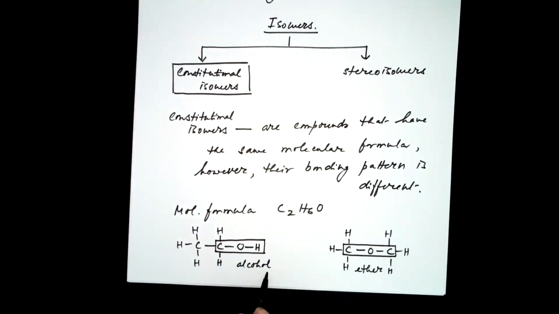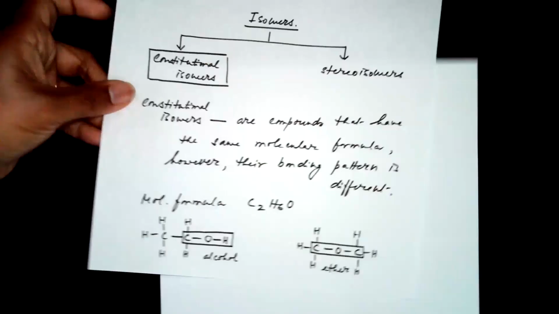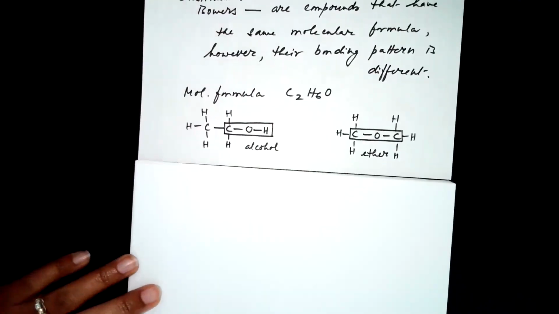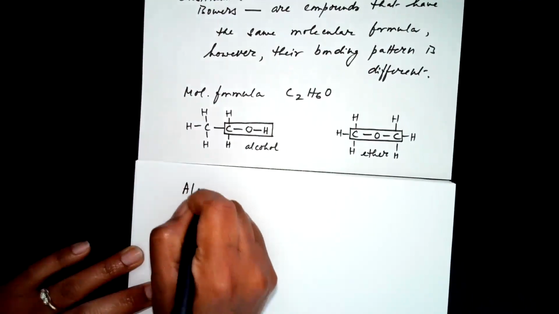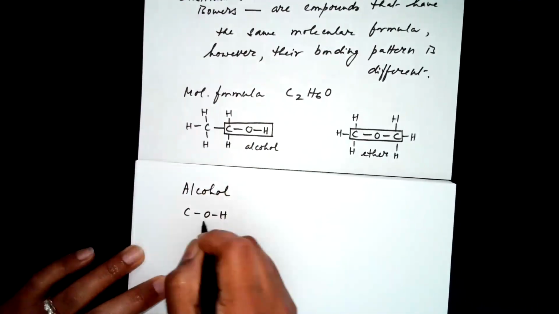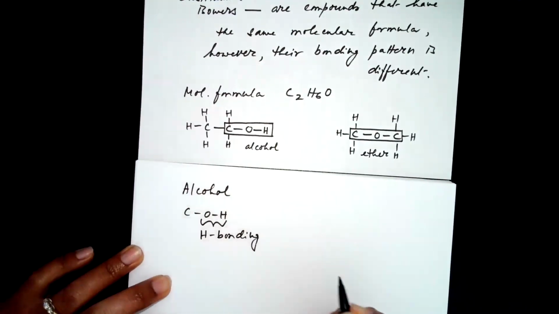For the alcohol type of molecules, just using your knowledge of general chemistry, which you probably took before organic chemistry, you know that this part of the molecule shows hydrogen bonding type of interaction. So let me move to a different page so that I can write this down for you. An alcohol molecule has this C-O-H type of bond, and this is the part that is responsible for hydrogen bonding type of interaction.